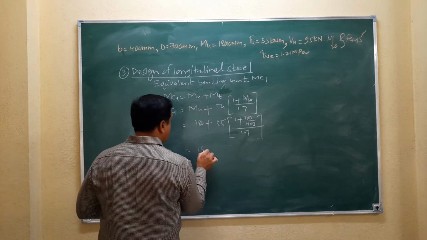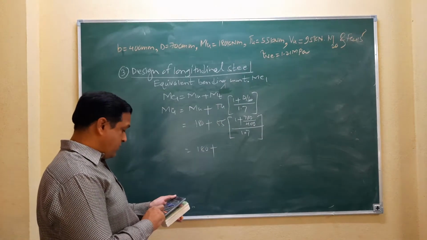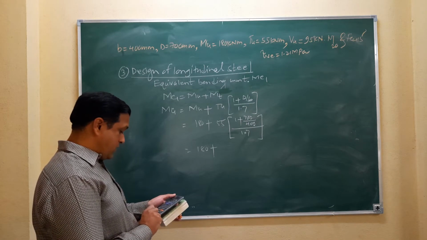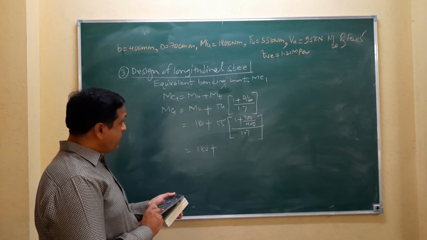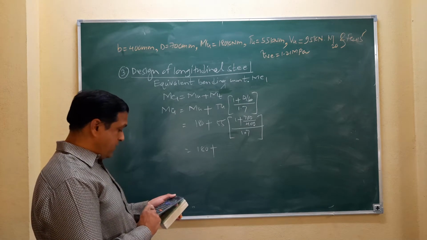So 180 plus. Now I want this value: 700 divided by 400 plus 1, divided by 1.7 into 55.